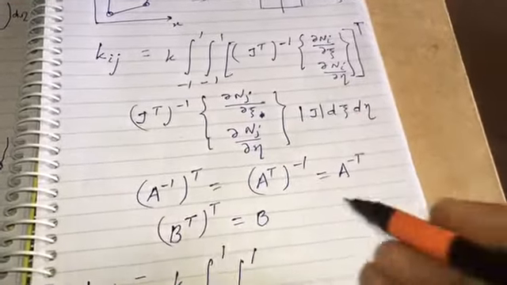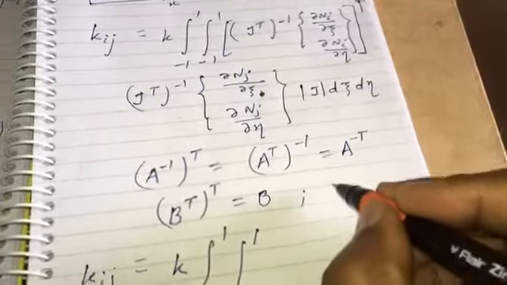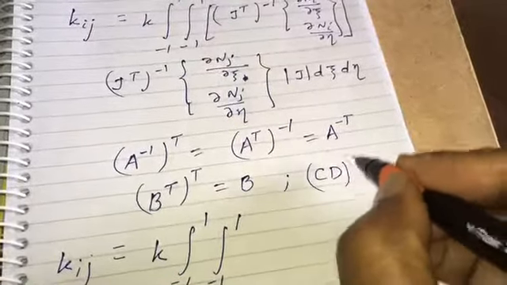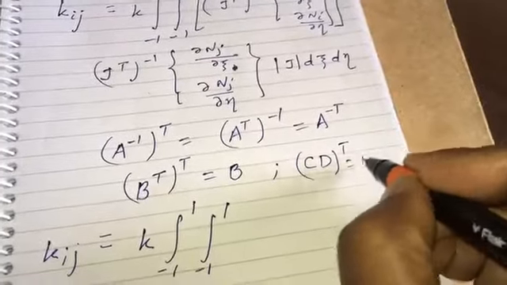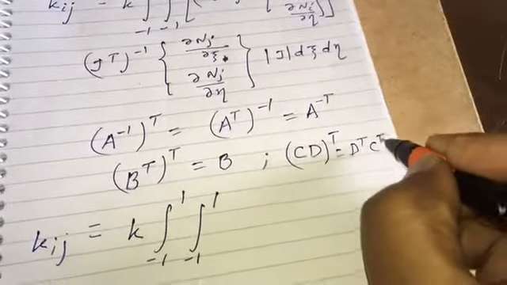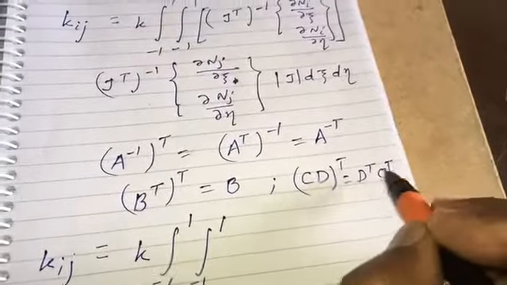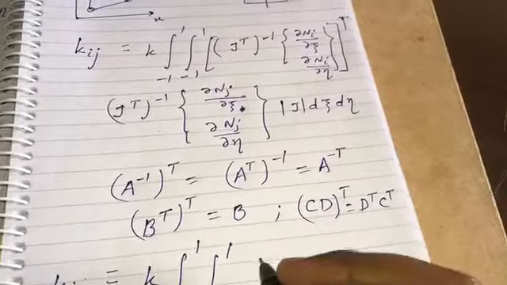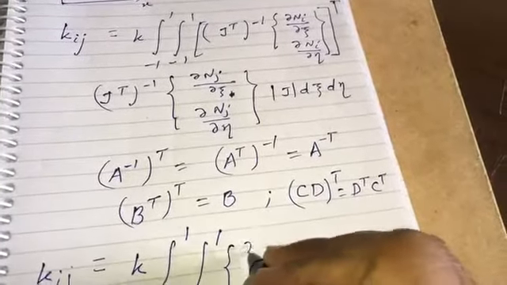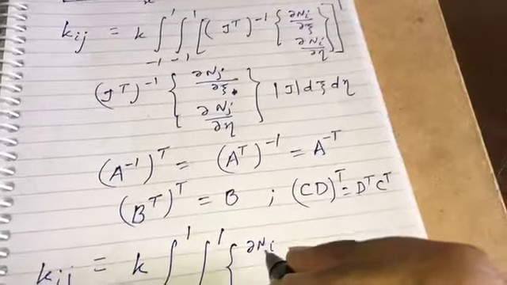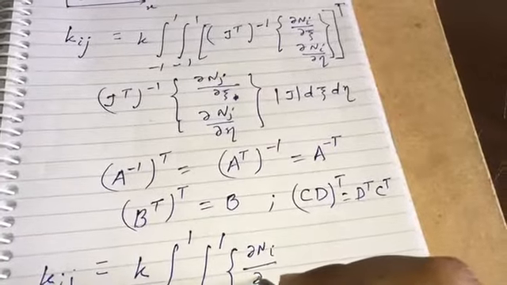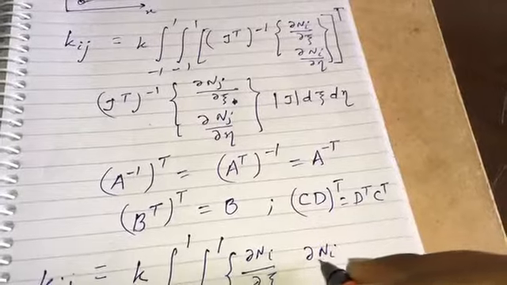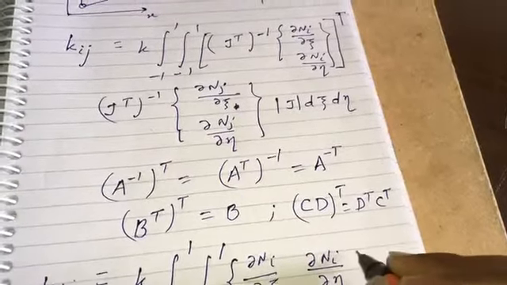One more relation we will use: if C and D are two matrices, then the transpose of CD will equal D transpose C transpose. So what we get is del Ni over del xi, del Ni over del eta.